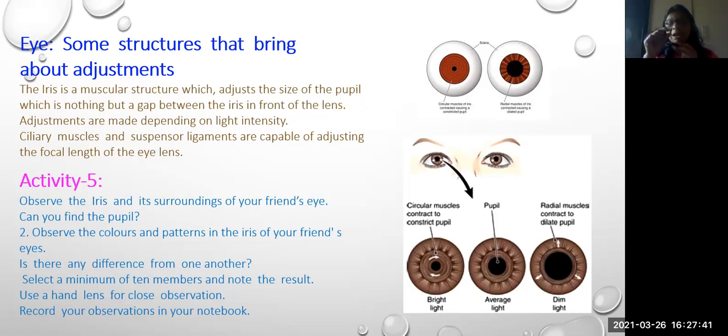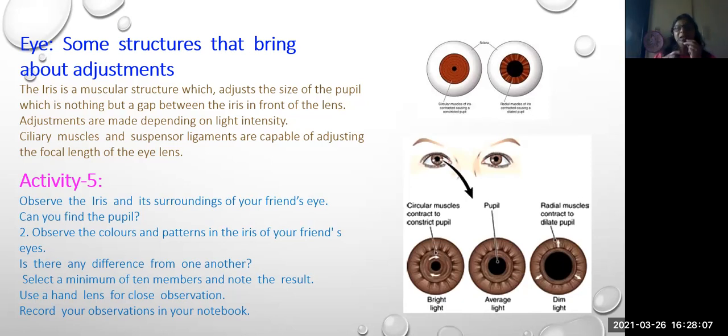It becomes short when we want to see in front of our eyes, the image. If you want to see a distant image, then the lens is a little bit flattened, sorry, vertical. It pulls a little bit. If it is not, it is flattened.